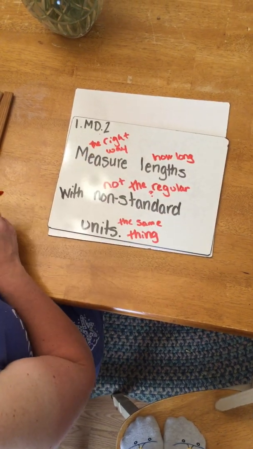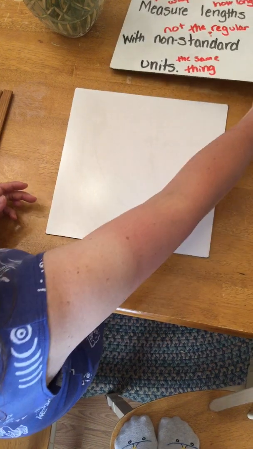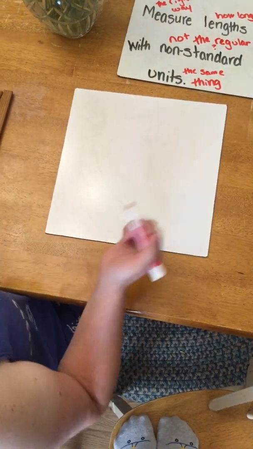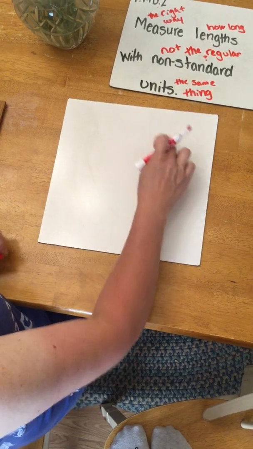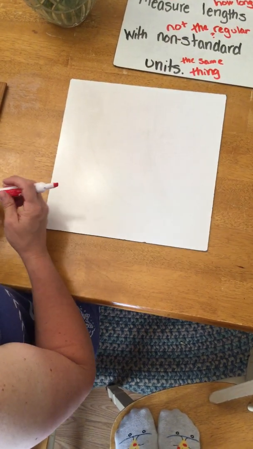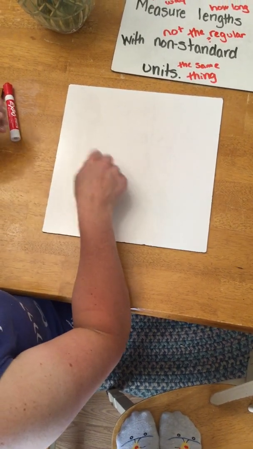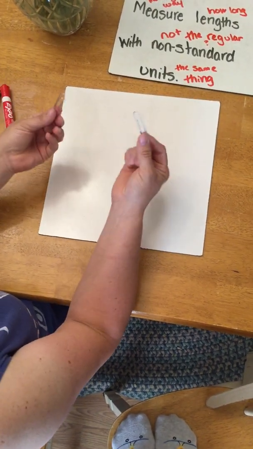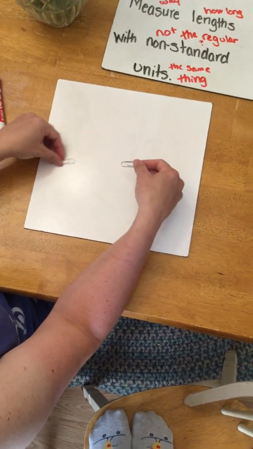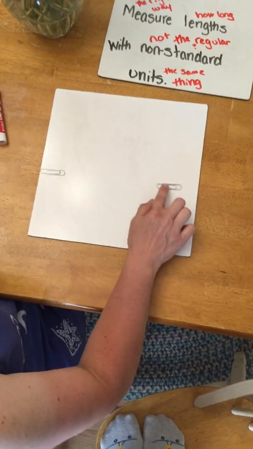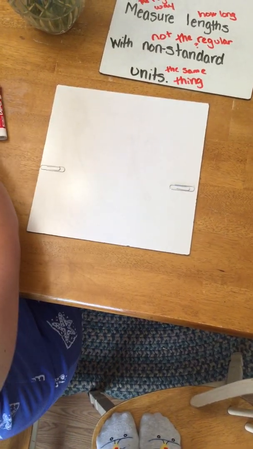When we measure something, we need to start at the right spot, just like we talked about last time. Remember when I measured my Legos and I drew a line and started my Legos at the same spot? You got to start at the same spot. If I'm going to measure my whiteboard with paper clips, which are non-standard, I wouldn't say this whiteboard is 2 paper clips, because there's all that space in between.